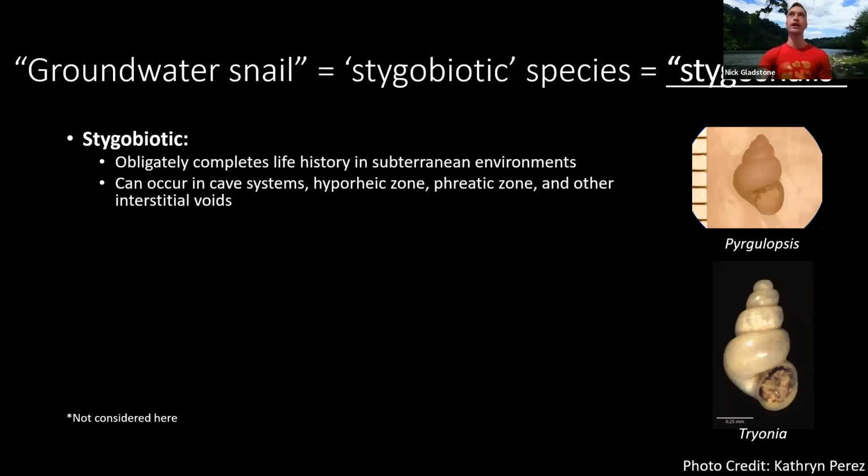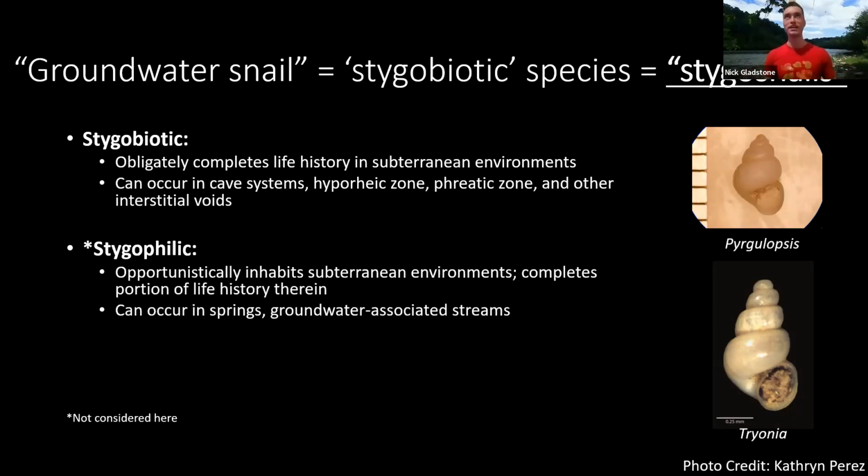So yeah, I think I have to go into a little bit of the vocabulary because most biological aspects of caving and cave-related species get kind of complicated. When I say groundwater snails, I really just am referring to those species that are obligately associated with underground environments or groundwater systems. There are stygophilic taxa, cave-loving or groundwater-loving species, which opportunistically inhabit these systems.